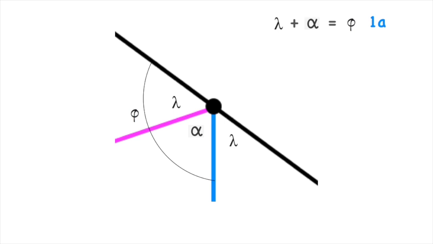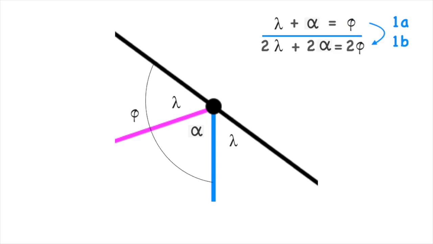This is equation 1a. Let's multiply both sides by 2. This is equation 1b. We can also see from the diagram that 2 times lambda plus alpha equals 180 degrees. This is equation 2.